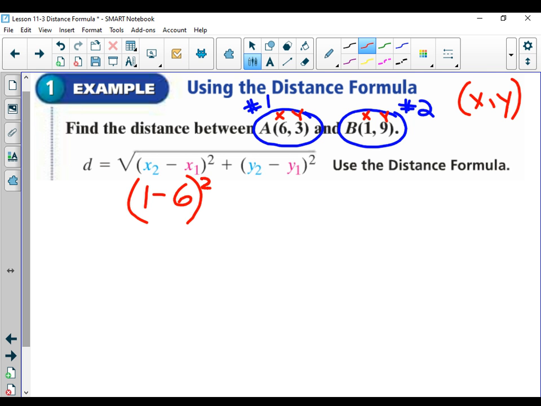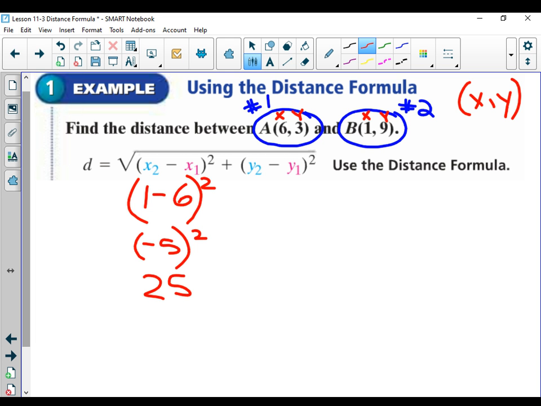Subtract, parentheses, squared. 1 minus 6. We have to square that. Negative 5 times negative 5. So once you get the numbers in there, the math itself is not super hard. It's just slow and steady.